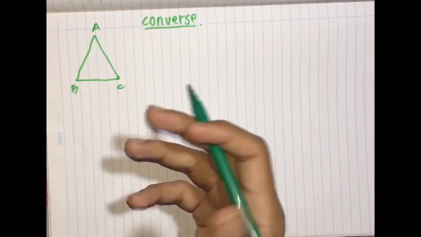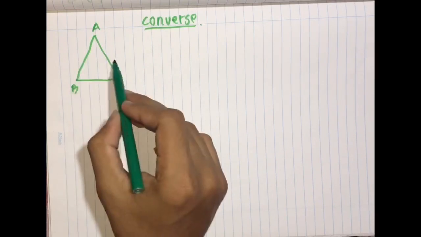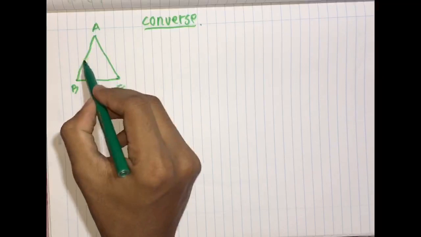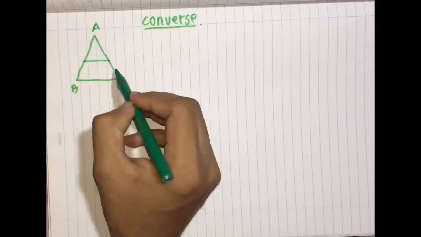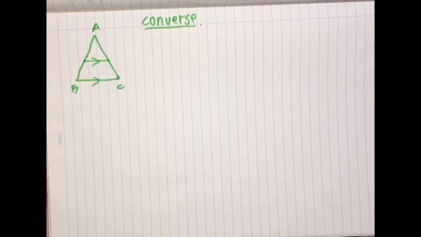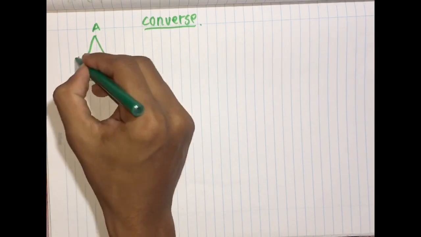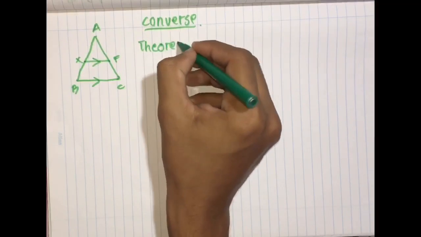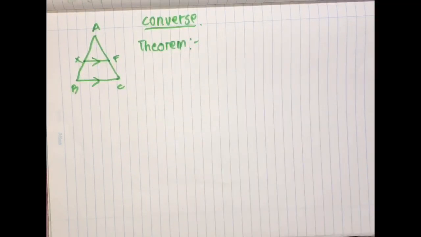What did we study all this time? When we draw a parallel line, it divides the other two sides in the same proportion. Now if a line divides two sides in the same proportion, then this line is parallel to the third side. Okay, are you clear with this? That is the theorem. Now let us see how to solve a main question using this theorem.